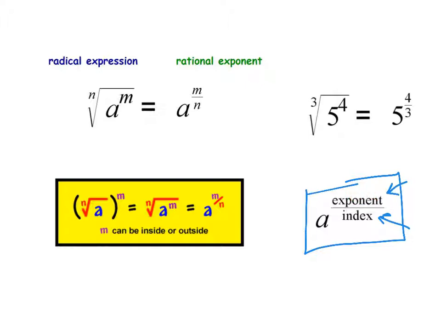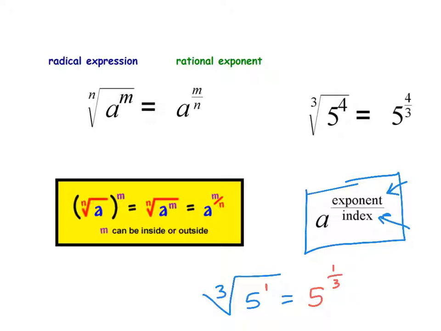Keep in mind, let's do the cube root of 5. If there's no exponent, I can always list a 1 there. So this would equal 5 to the 1/3 power.